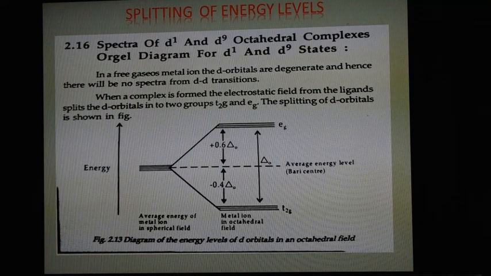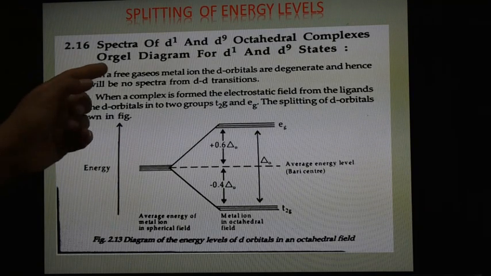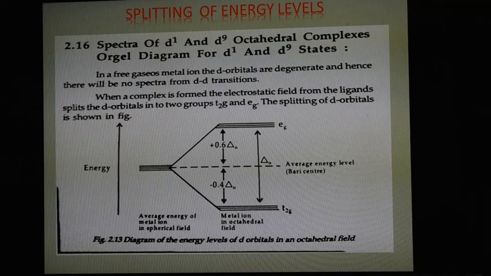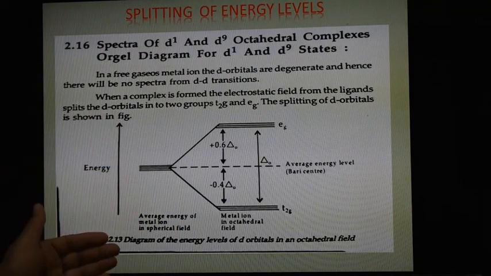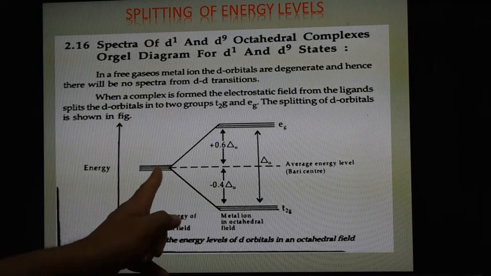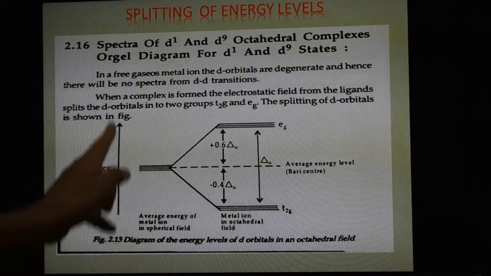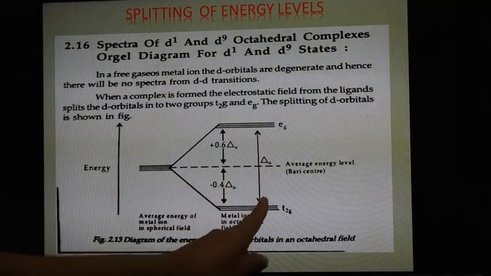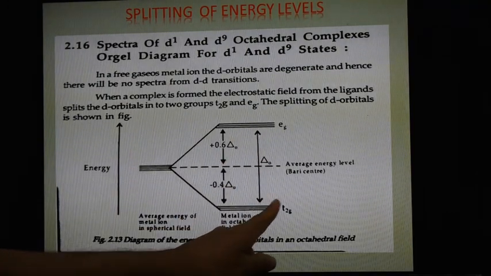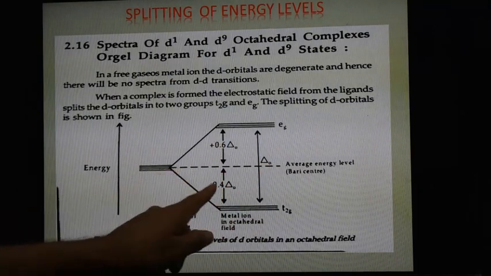Regarding the splitting of energy levels, the Orgel diagram we are discussing in another lecture, not here. Here I am only giving how the splitting takes place in case of an octahedral field. Here are the 5 d orbitals. This is the energy, and this splits into the t2g state and the eg state. This is delta O, the octahedral field splitting, and this is the barycenter. Values are given for this.